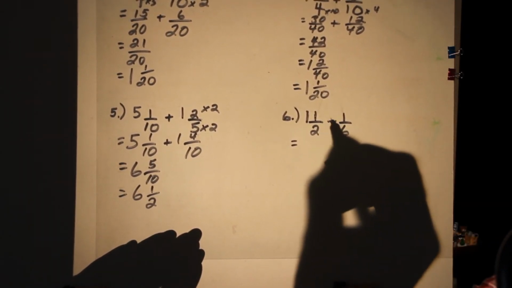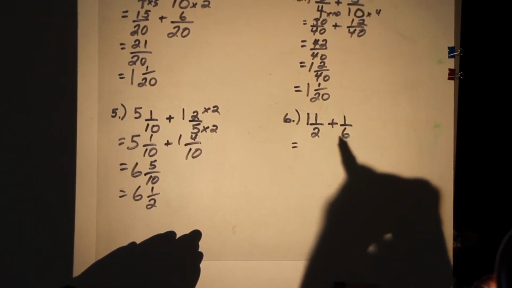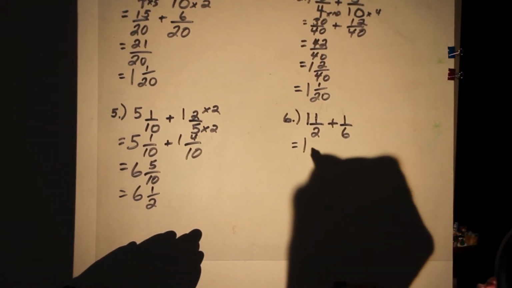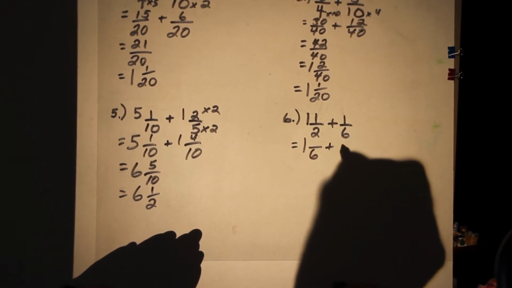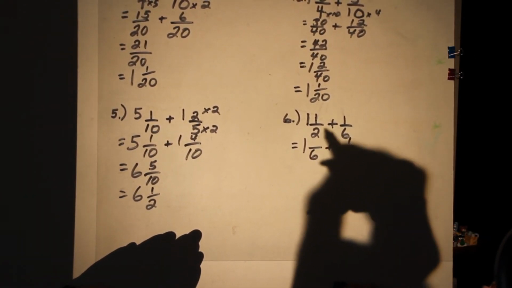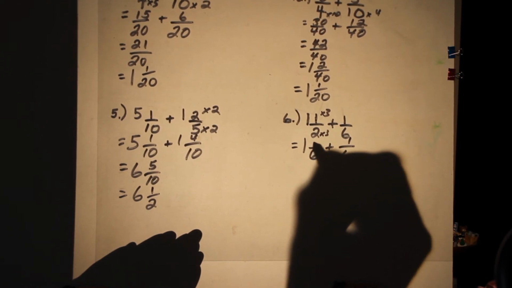1 1/2 plus 1/6. So I have a mixed number and a proper fraction. So the mixed number, the whole number is fine. We need to find a common denominator. 6 will work because 6 will go into 6 and 2 will go into 6. So we multiply 2 times 3 to give us 6, so 1 times 3 gives me 3.